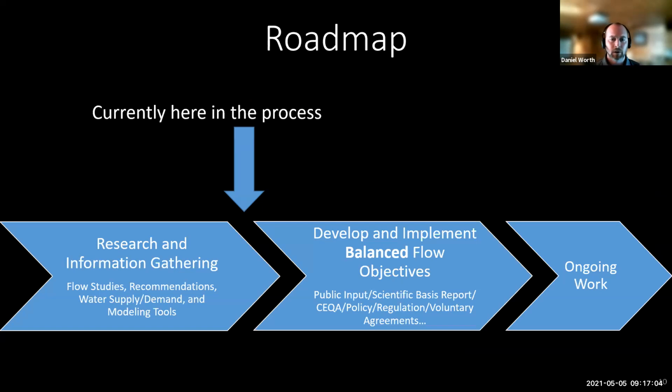It will include an environmental impact assessment in the form of a CEQA document or substitute environmental document. It will also include implementation through a regulation or other mechanisms. After implementation, there's expected to be ongoing work such as effectiveness monitoring and adaptive management. Next slide, please.